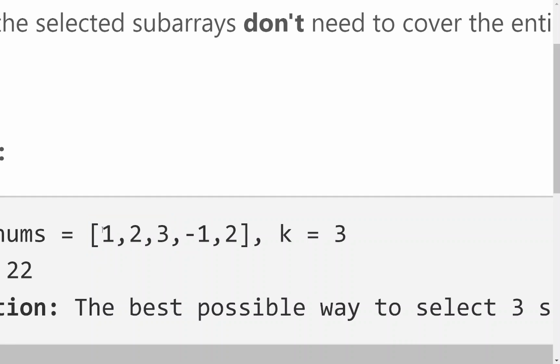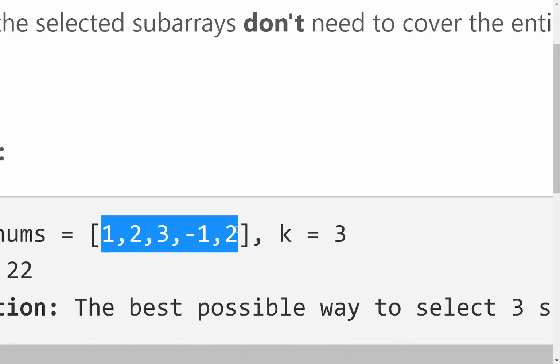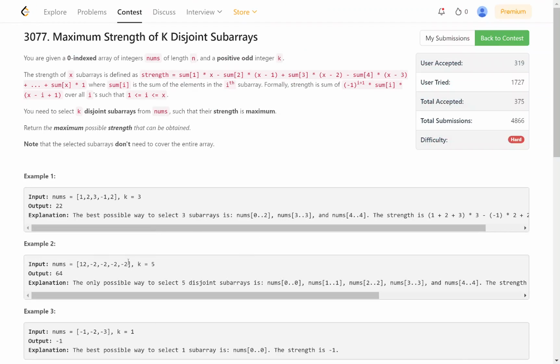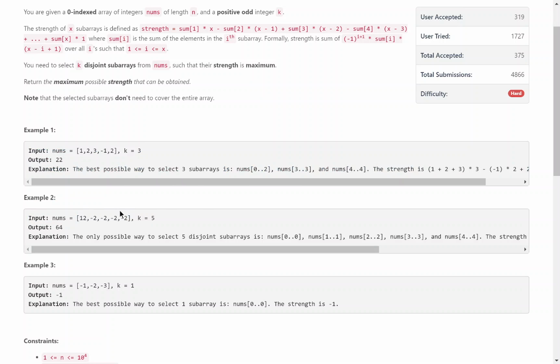Even if you don't cover the whole array, it is fine. If these are the three subarrays you choose, it is still fine, but it will not really have the best possible strength here. So that's what we have to do.